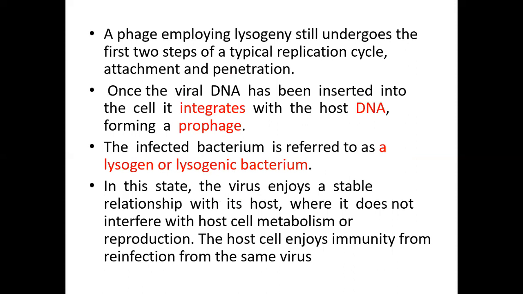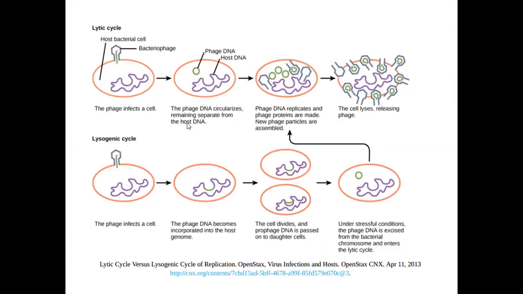The infected bacterium is referred to as a lysogen or lysogenic bacterium. In this state, the virus enjoys a stable relationship with its host, where it does not interfere with the host cell metabolism or reproduction. The host cell enjoys immunity from bacteriophage.